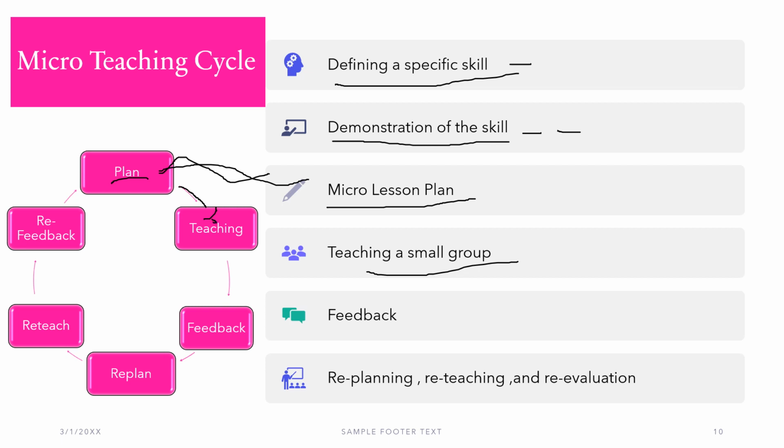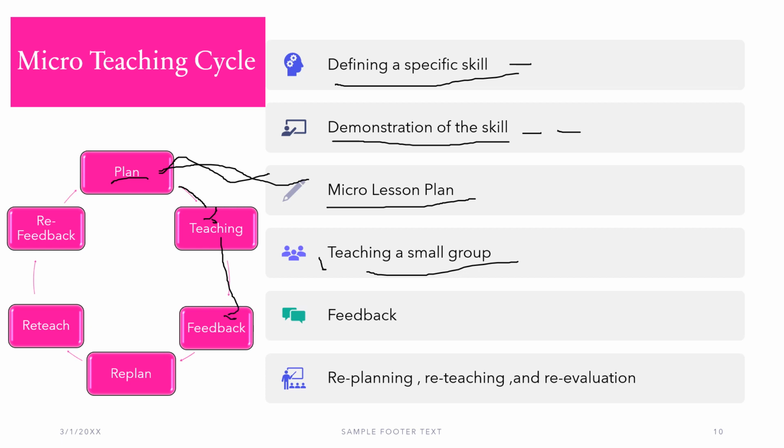So what does the teacher trainee do? He takes a small group of 5 to 10 students and teaches the lesson to the small group, supervised by the supervisor and peers. After teaching, the third step in this cycle is the feedback.